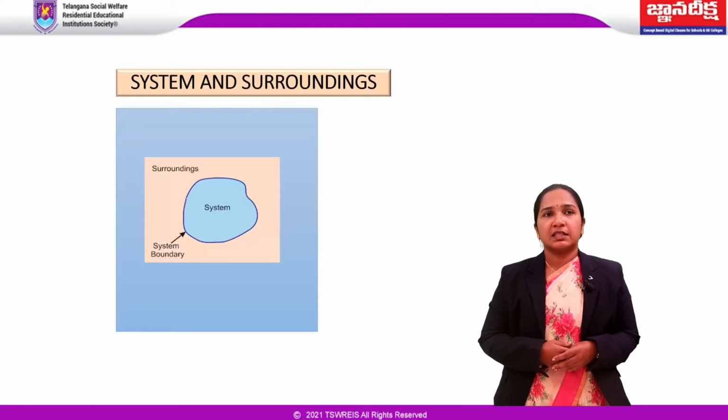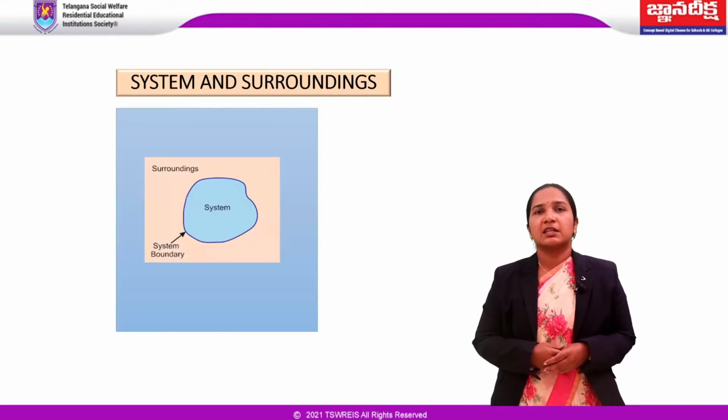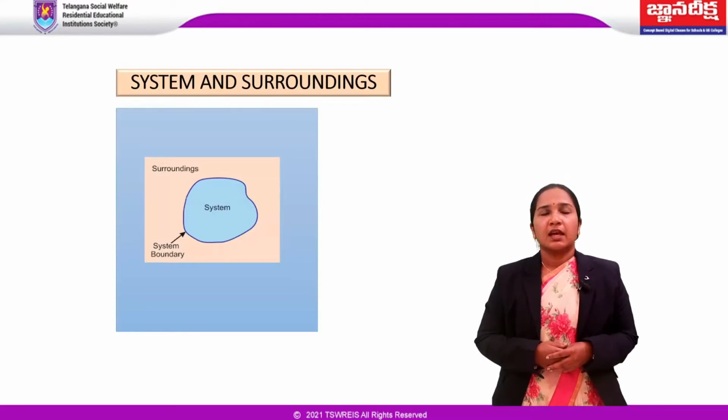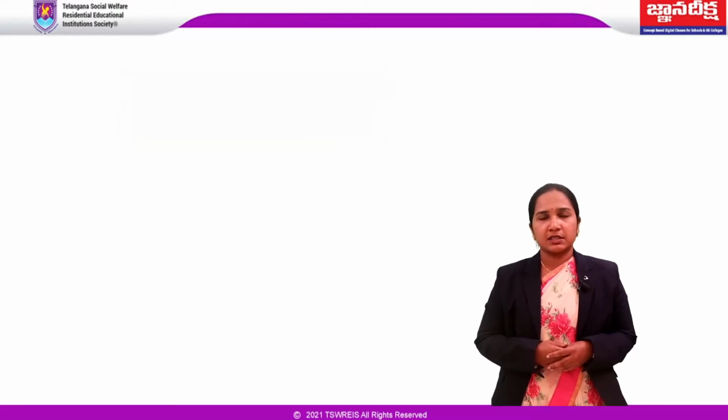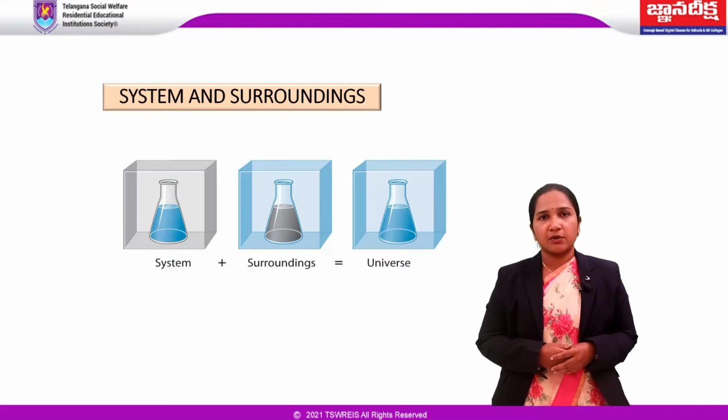Everything in the universe that is not part of the system is called surroundings. If we consider a closed box containing a conical flask, let's suppose the conical flask is the system and the box is the surroundings. Both together are called universe.